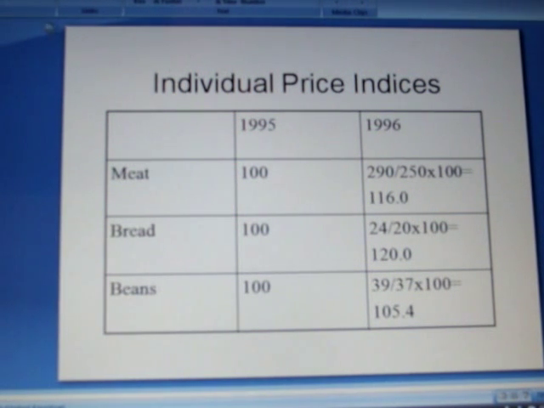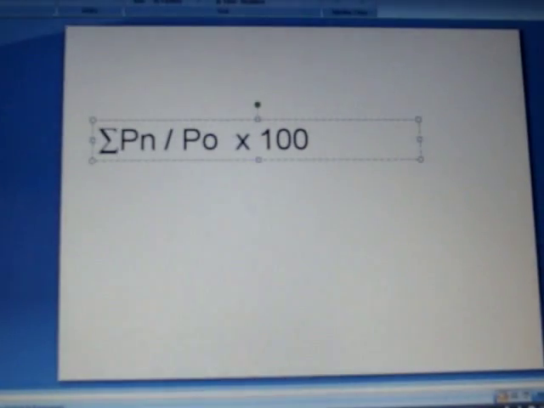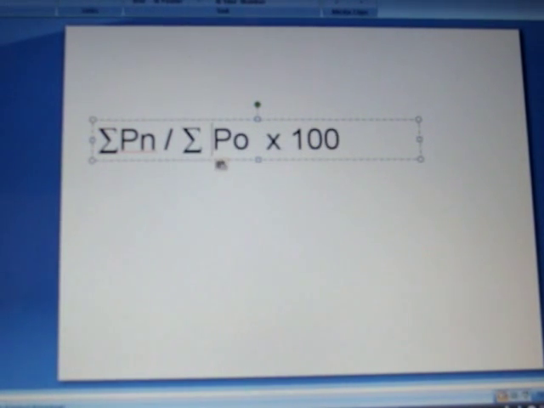If we do not consider the quantity that people are buying, and if we just talk in terms of the price, then we may say that we will find the total price for meat, bread and beans, which means summation of the price in 1996, which will be Pn, and summation of the price in 1995, which will be P0, multiplied by 100.